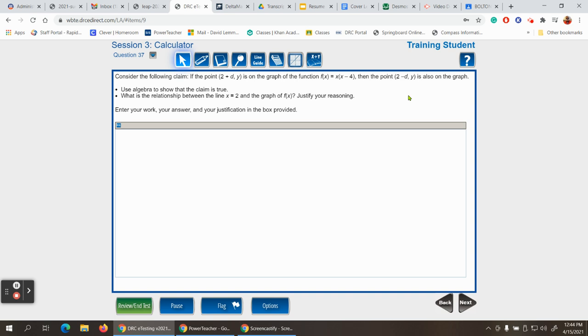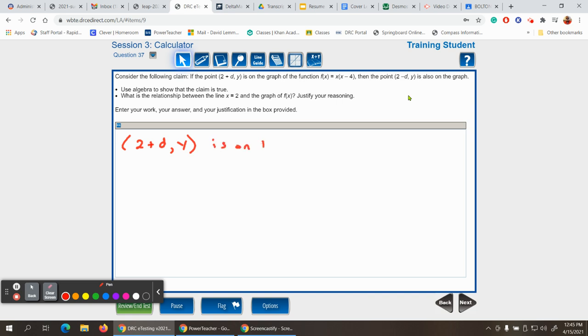First of all, if you have the point (2 plus d, y) on the graph of f, then you should have y equals f of 2 plus d.